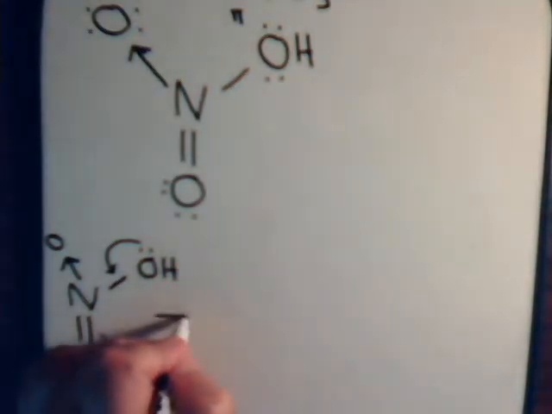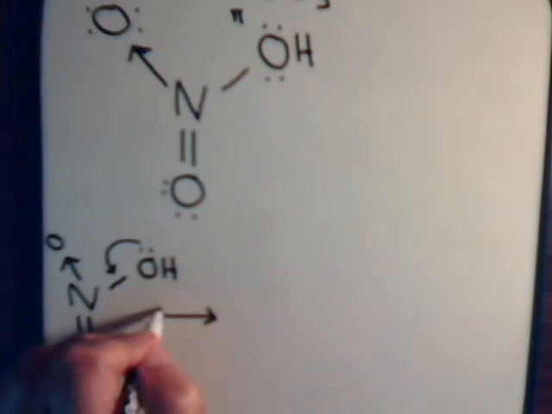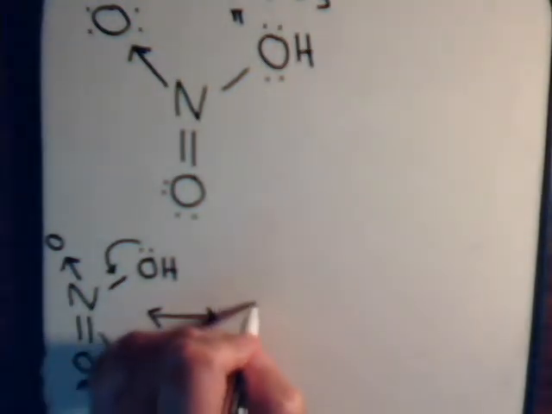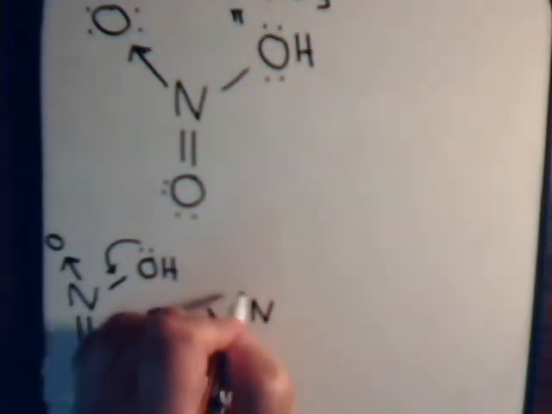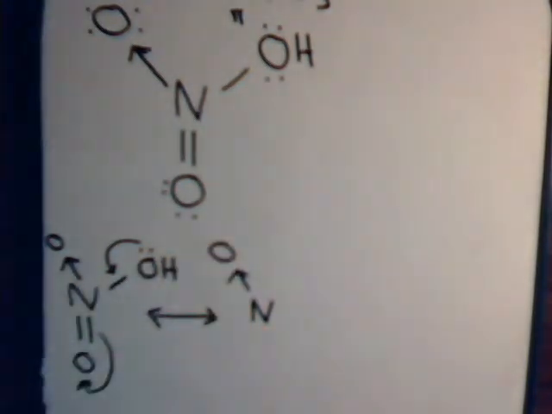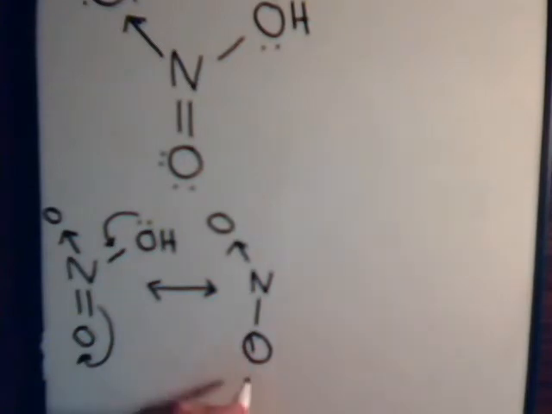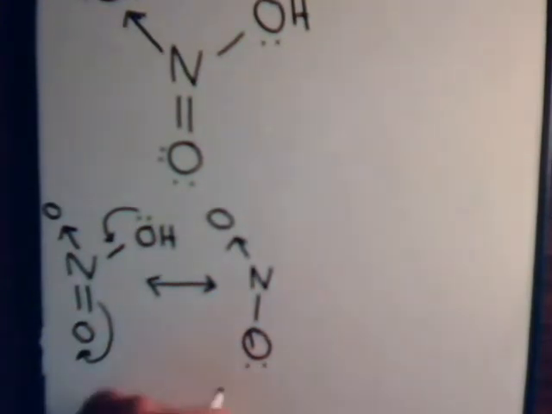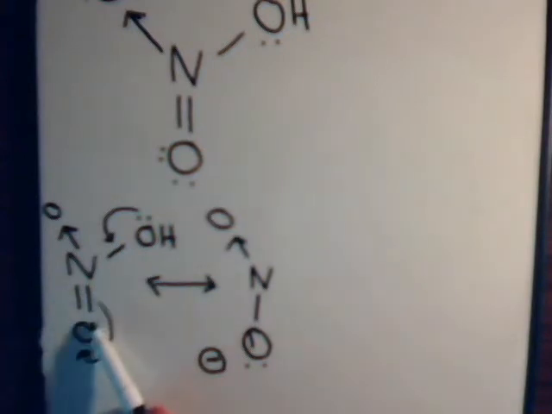So the resonance structure, or the Lewis structure, would be like this. This pi bond no longer exists because oxygen kept both of the electrons that were being shared, so it now has a lone pair of pi electrons and a negative charge, because it stole an electron from nitrogen.